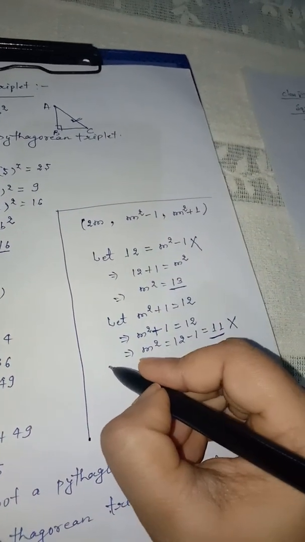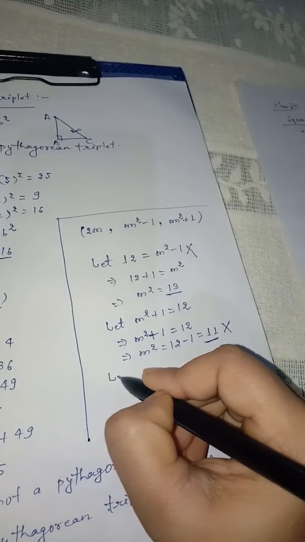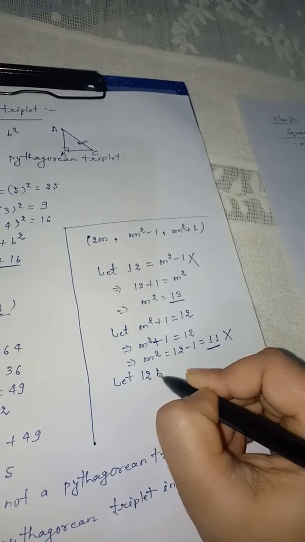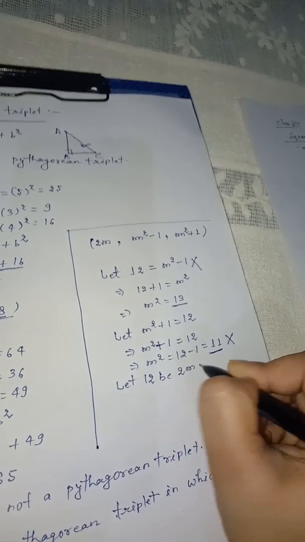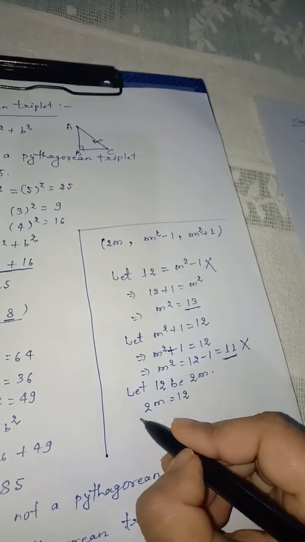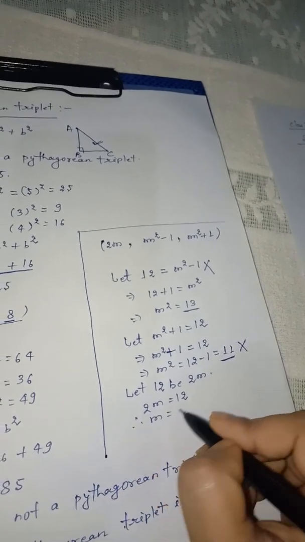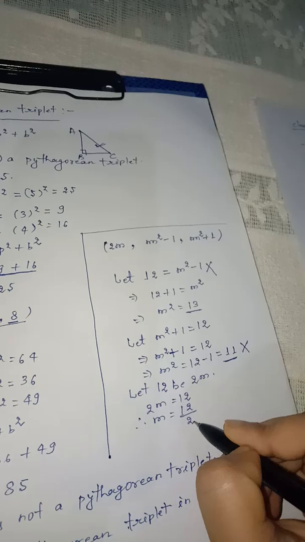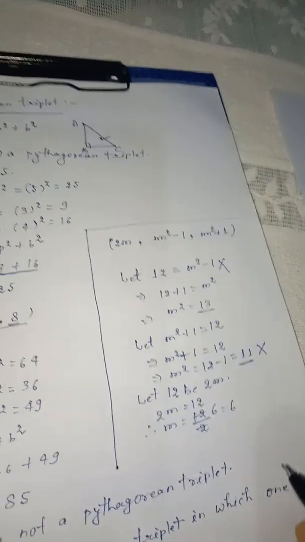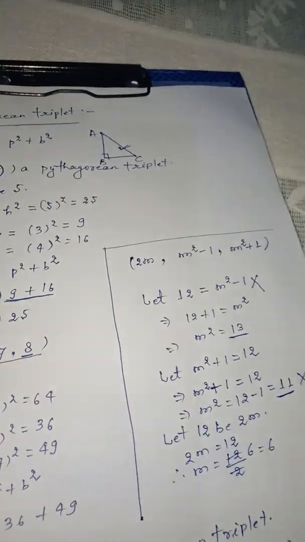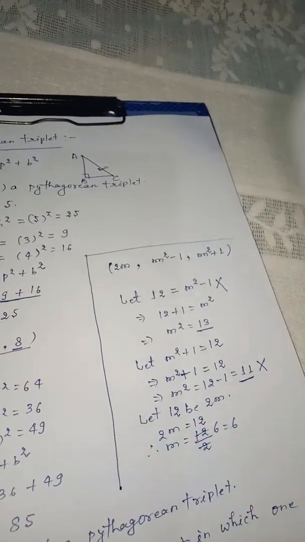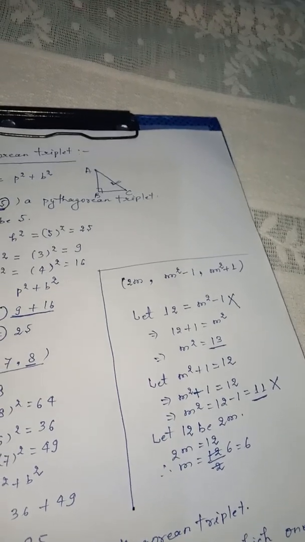It means let 12 be 2m. Now 2m equals 12. Therefore m equals 12 divided by 2, and 2 sixes are 12. So the value of m is 6.